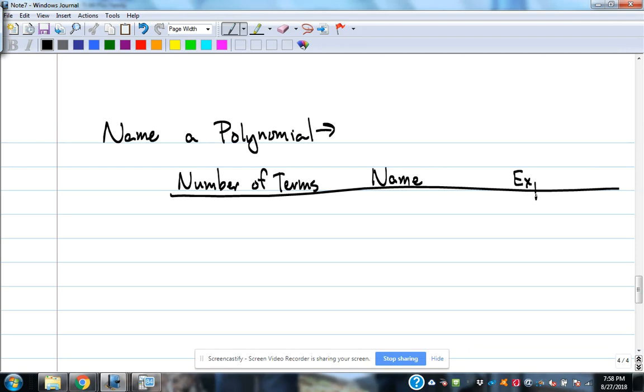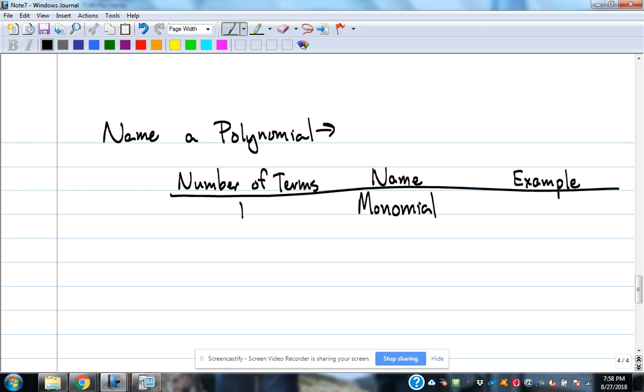And then I'm going to put an example here of that. Okay? If there's one term, the name is monomial. The prefix M-O-N-O, mono, one. Right? That's what that means. Okay? The monomial means one term.